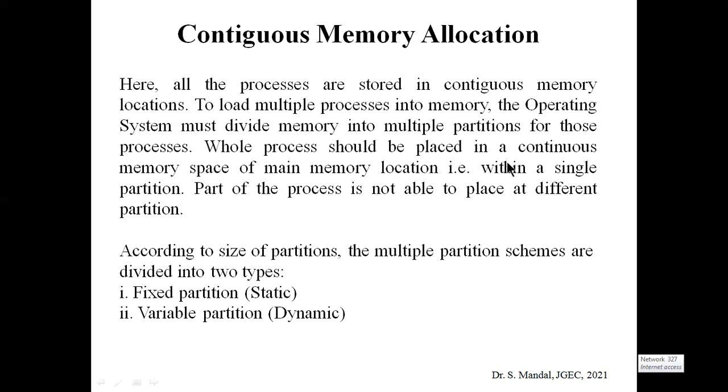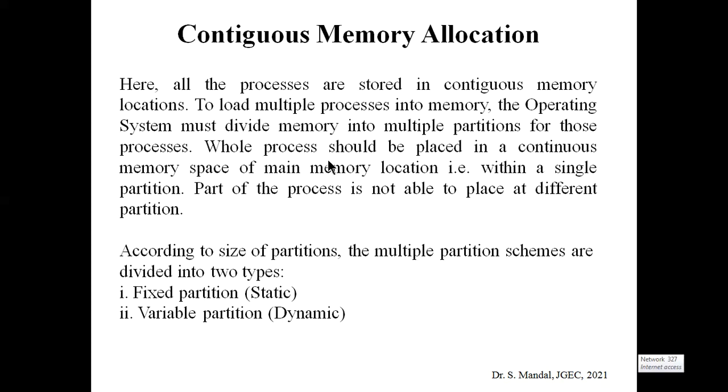You can also call it continuous. So the concept is the whole process should be placed in a continuous memory space, that means within a single partition. That is the main funda.